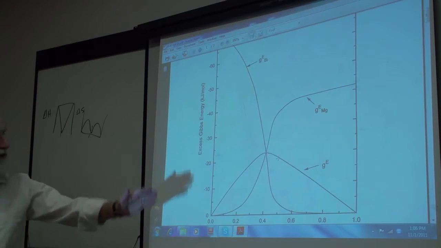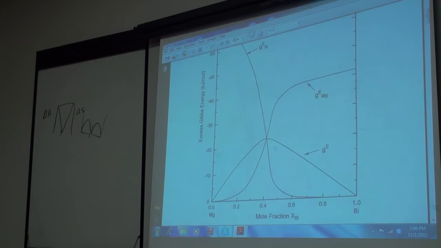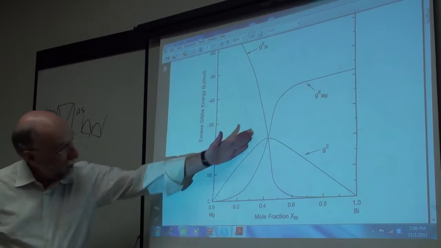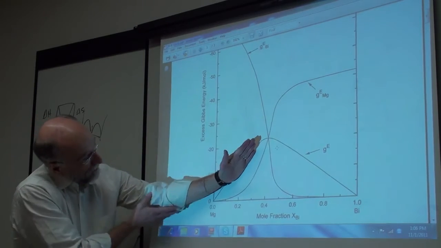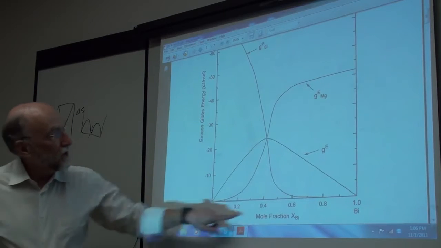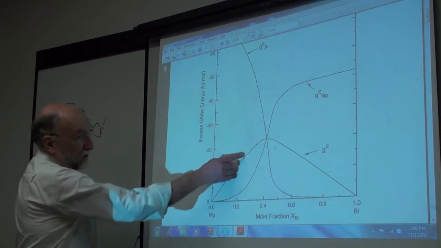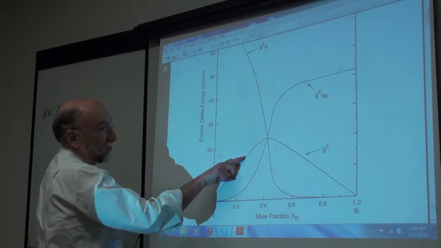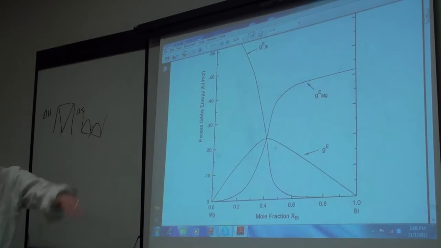So you can see the partial property of magnesium, which is the intercept over on this side, remains, if you just imagine rotating a tangent around this, close to 0 and then suddenly becomes very negative. So the GXS of magnesium has that kind of titration shape: its tangent intercept stays almost 0, then suddenly becomes very negative, and then is more or less constant as you go to the other side.